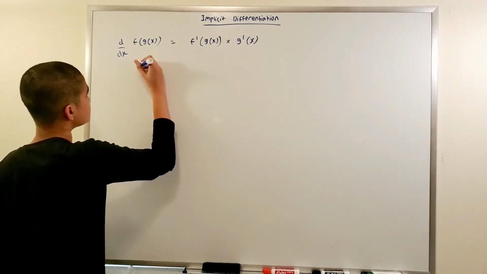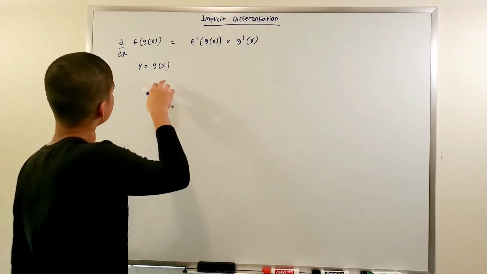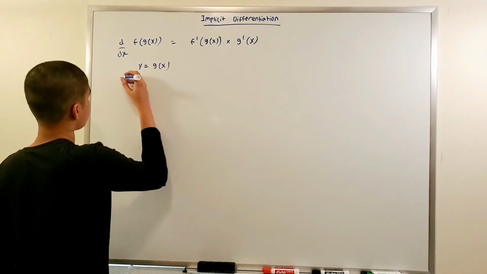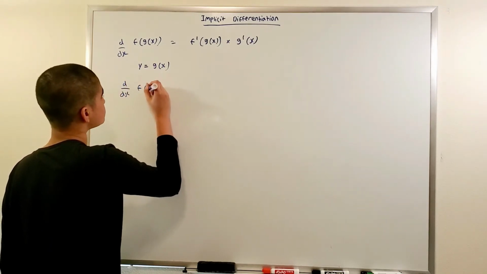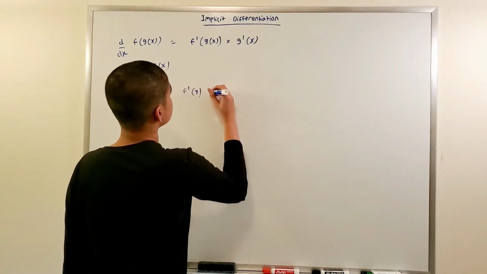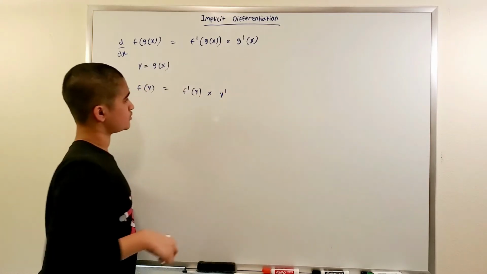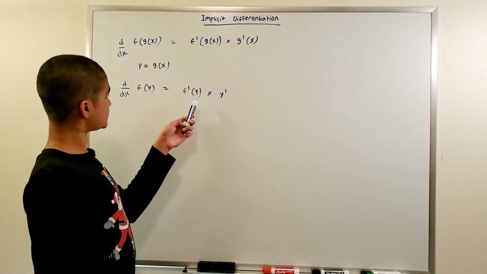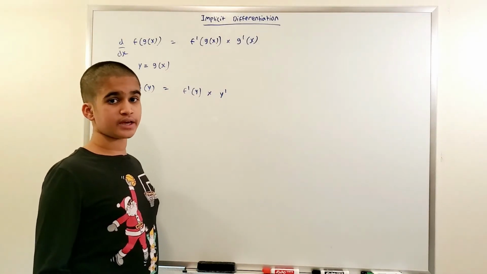Now, let us take y is equal to g of x. Substituting, we can rewrite the derivative as d by dx of f of y is equal to f dash of y times the derivative of y. Here, notice that you can easily isolate y dash on one side to find dy by dx.